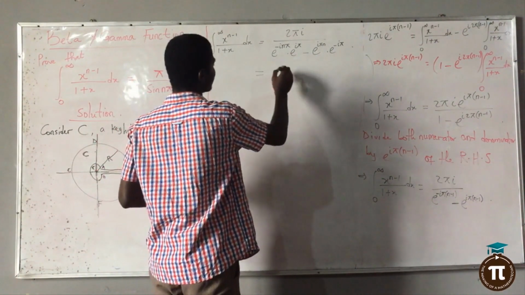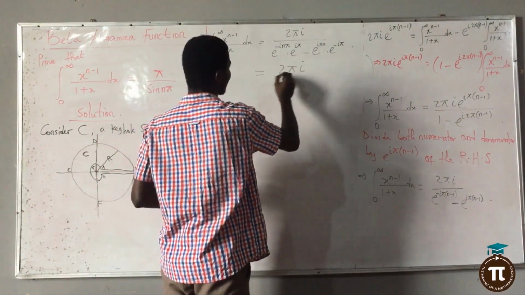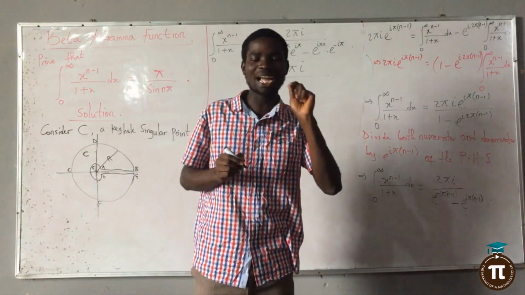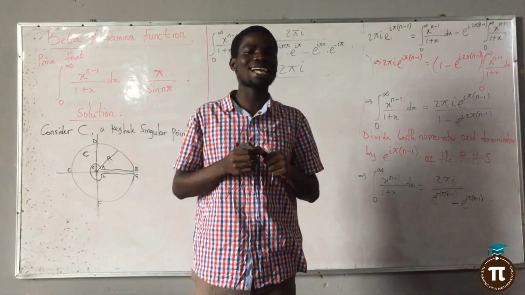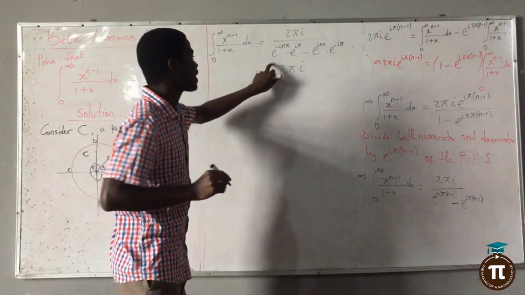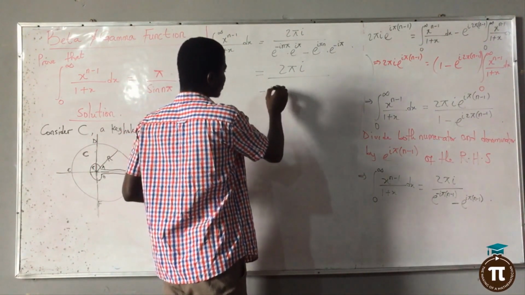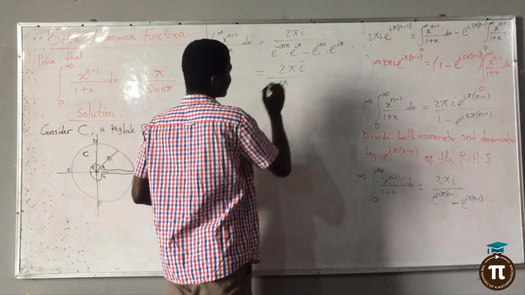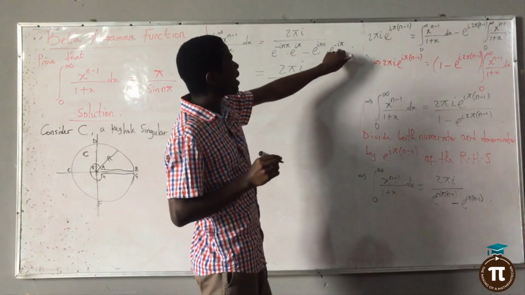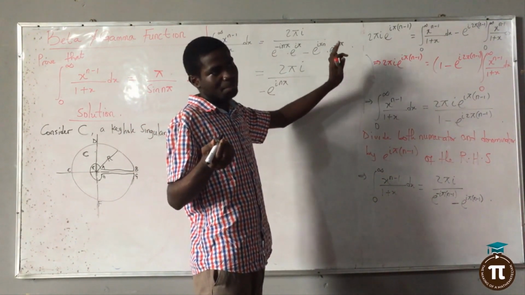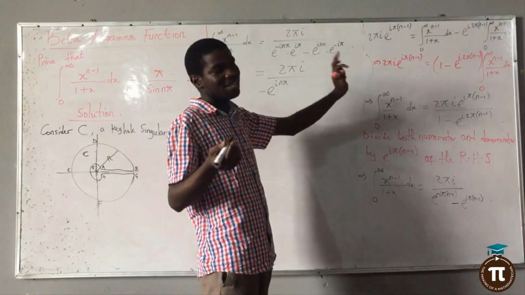So this is equal to 2 pi i over e raised to the power of i pi, that is cos pi plus i sin pi. The answer is minus 1. So minus 1 multiplied by this will become minus e raised to the power of i n pi. Then e raised to the power of minus i pi is still the same. This one will give me cos pi minus i sin pi.